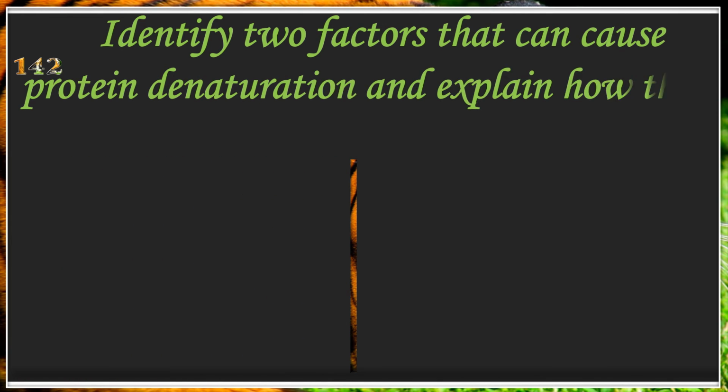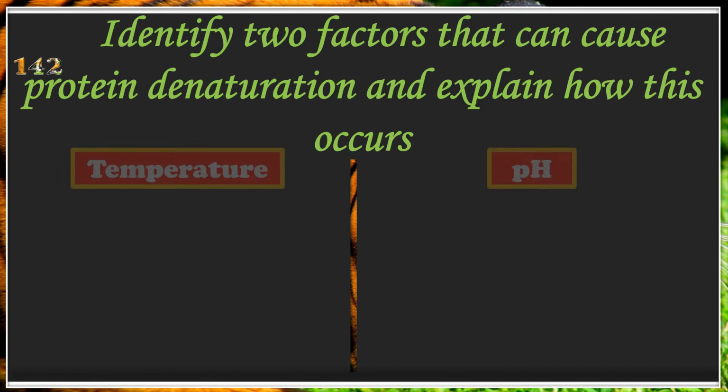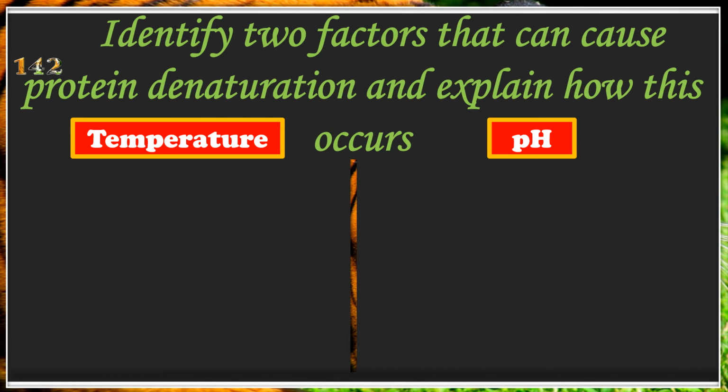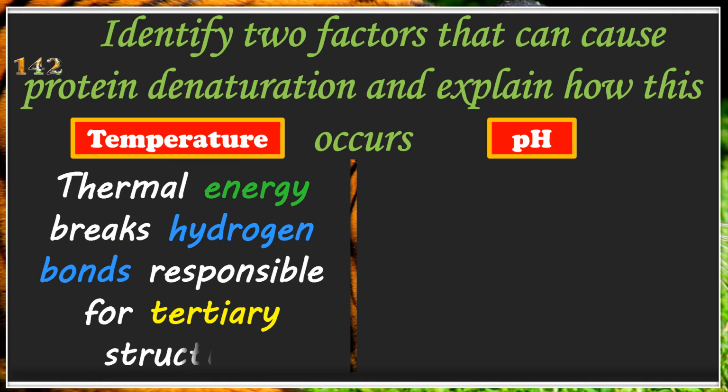Identify 2 factors that can cause protein denaturation and explain how this occurs. We shall look at 2 factors: temperature and pH. Temperature. The thermal energy breaks the hydrogen bonds responsible for the tertiary structure.